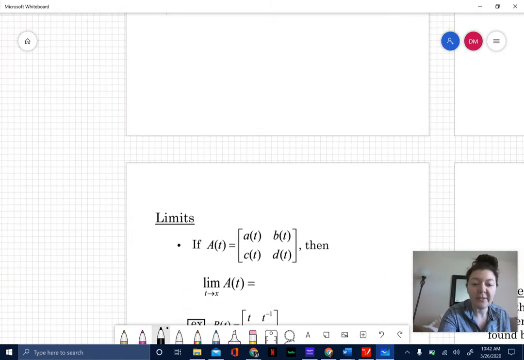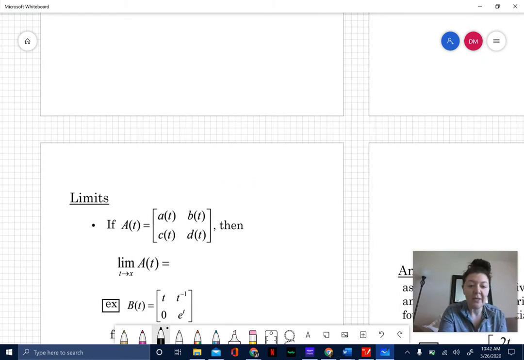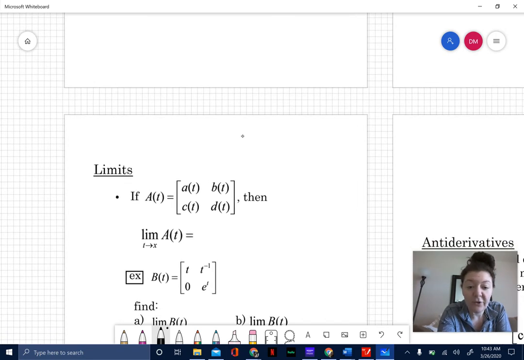We'll go to the next slide, which is talking about the limit of our matrix system right here. So let's say we have the matrix A of t. This could be our coefficient matrix, where they could just be straight up coefficients or functions of t, like you'll see with our example down here.